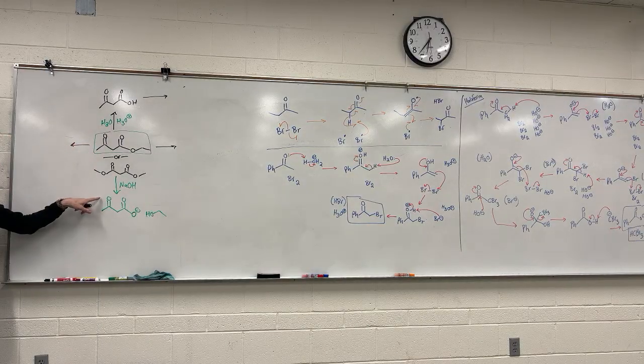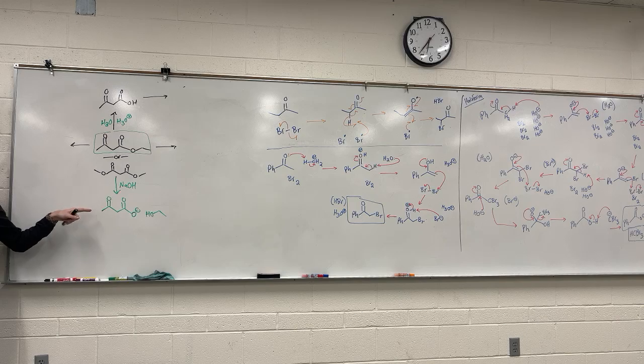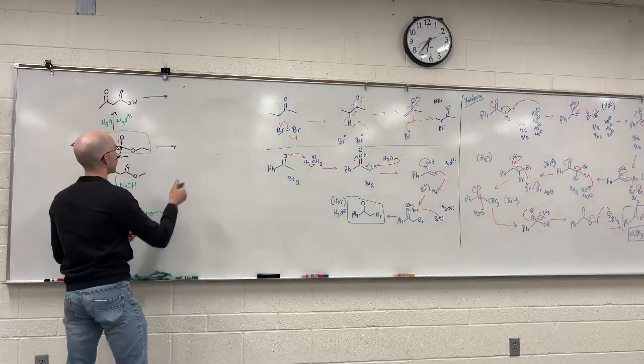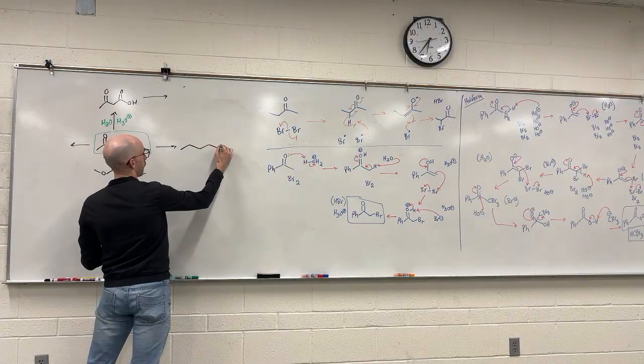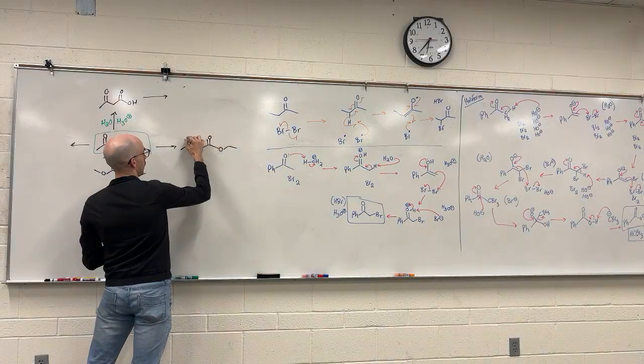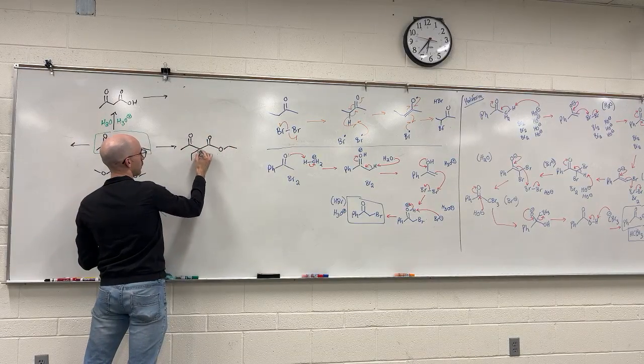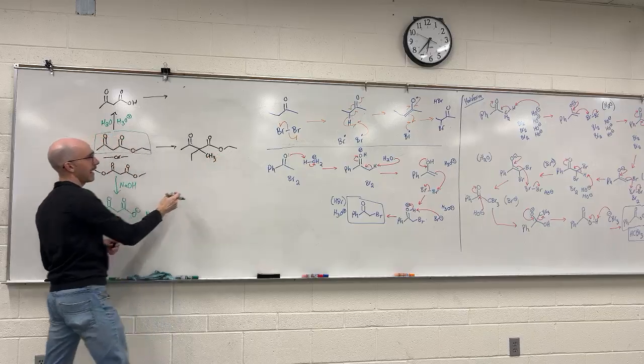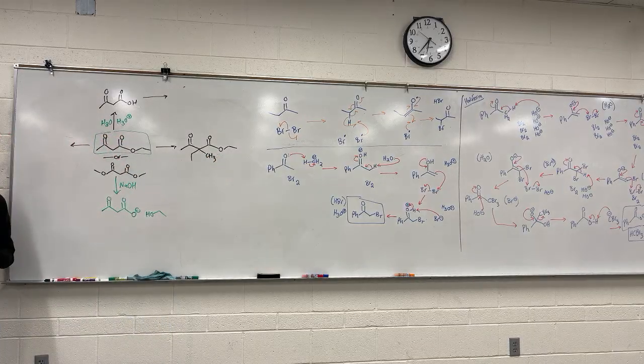All right, can't use hydroxide with our esters because hydroxide will saponify our esters, and that's not what we want. We want to do some substitution chemistry. On one side, we're showing a dye substitution.